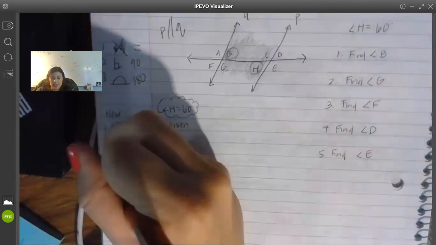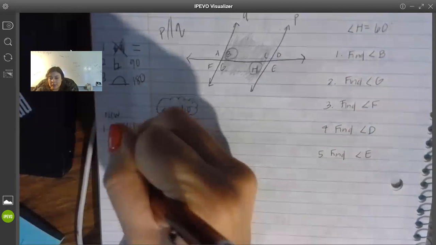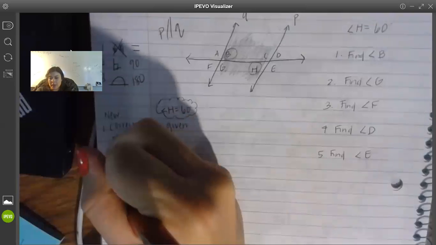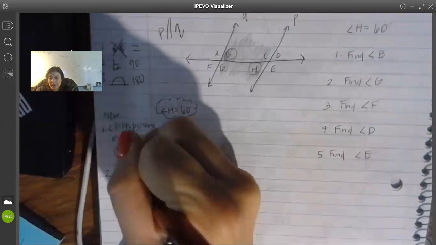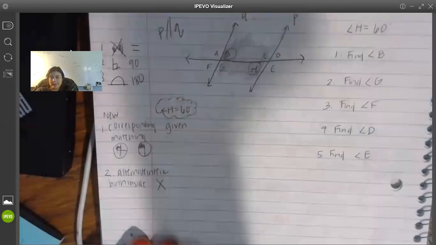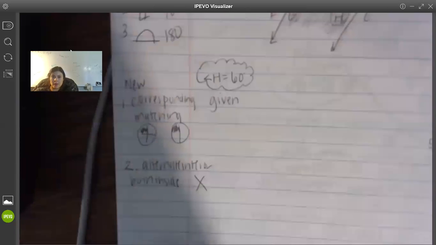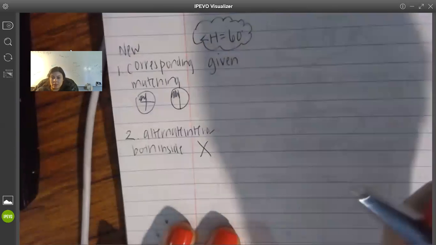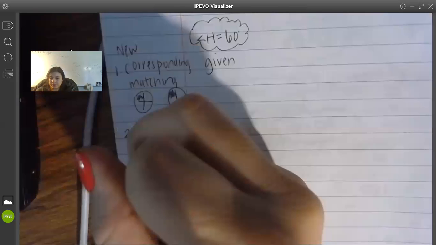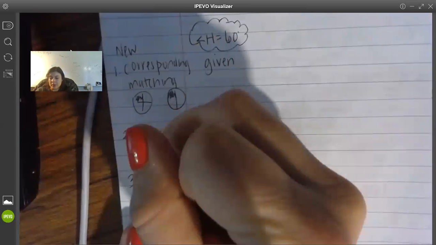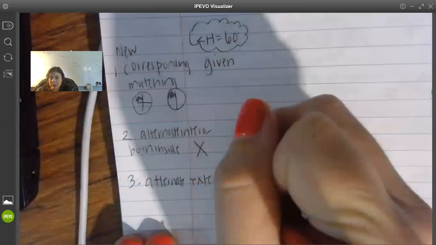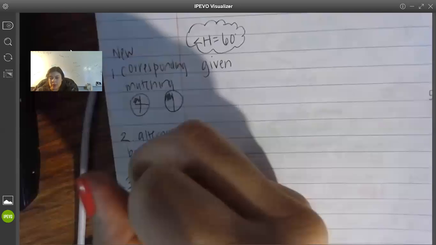The second kind is alternate interior, both inside, and they make an X. Alternate exterior. Alternate means they make an X and they're both outside.